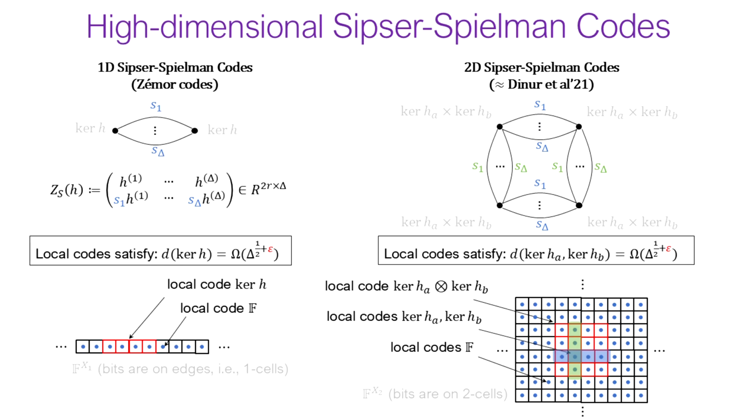In this case you have 3 levels: a local code that corresponds to bits, horizontal and vertical lines, and also squares, and these local codes are product codes. This is of course an example of a sheaf code, but in this case the sheaf is defined on a square complex, this left-right complex.